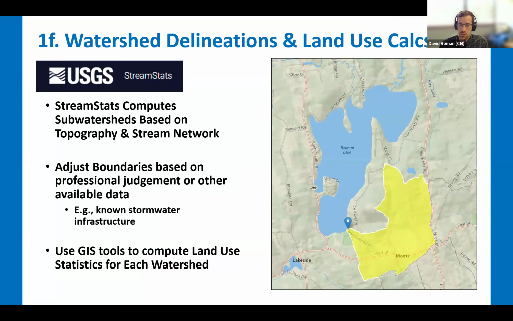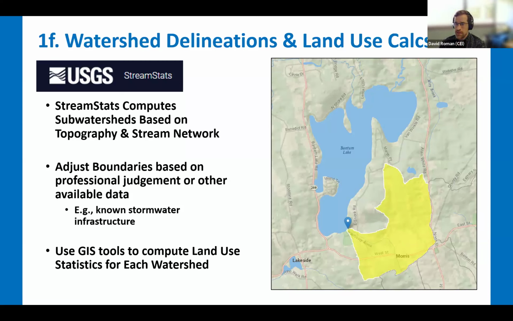Okay. So delineations, there's a lot of really good tools now for figuring out the overall watershed and the sub-watersheds that make up that watershed. StreamStats has been around for quite some time. It's still a great tool where you can essentially just click on any point and figure out what the upstream watershed is. The only caveat to this approach is that it is only based on topography.